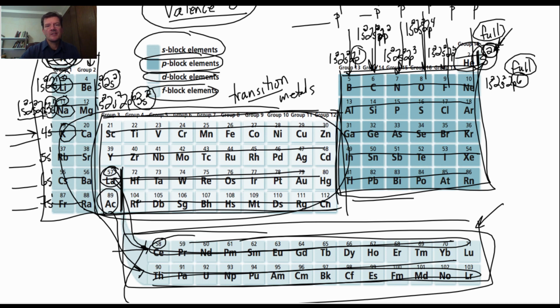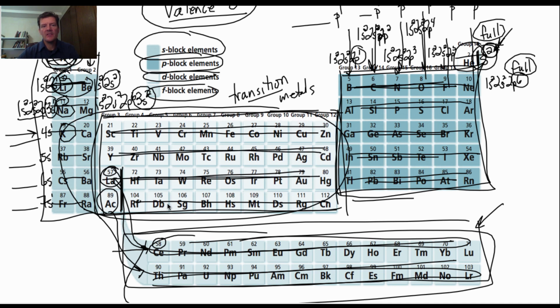So I know it's confusing, but basically the s is always going to be the same as the row number, so this is 1s. The p is also going to be the same as the row number, so this is 2p, 3p, 4p, 5p, 6p. But the d is always going to be one less than the row number. This is 3d. This is 4d in the 5th row.